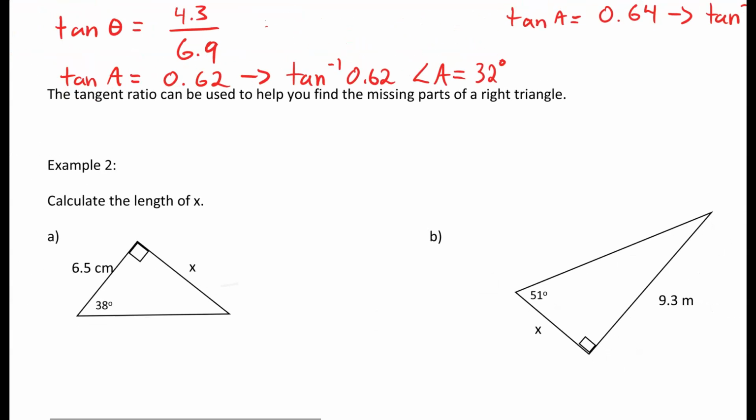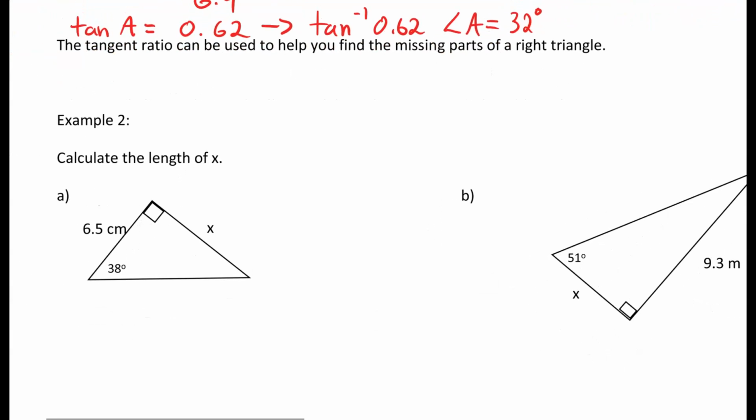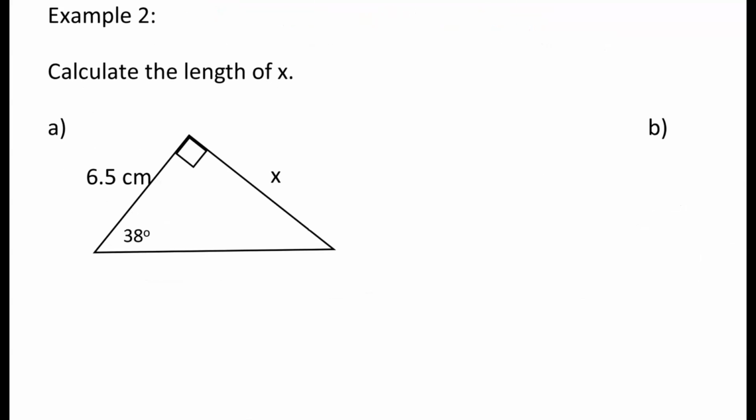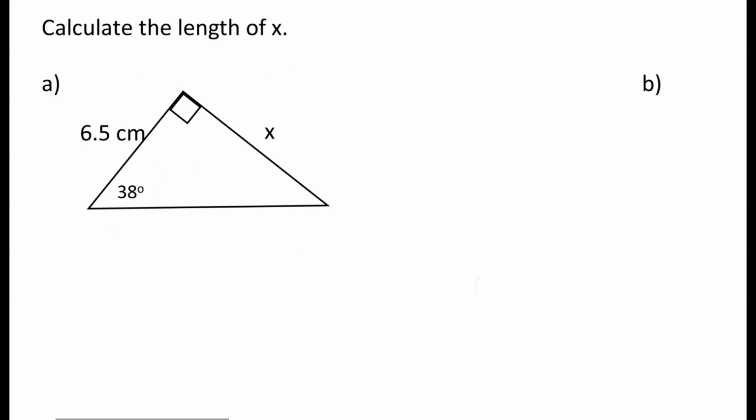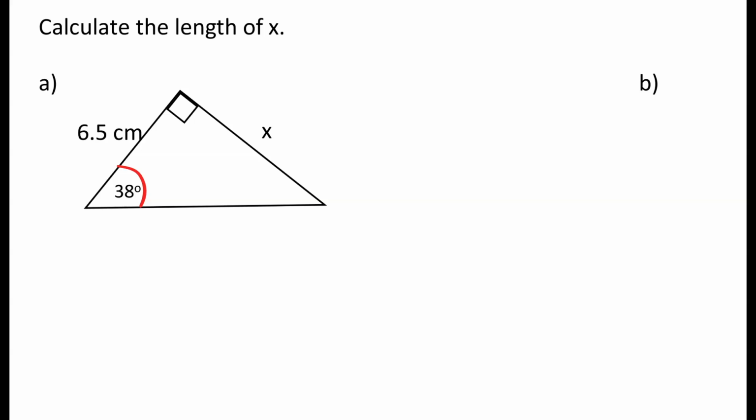Now we can look at this part here, and it mentions that the tangent ratio can be used to help you find the missing parts of a right triangle. So this time we're going to be finding the missing lengths on this right triangle. So we're given the angle that we need here. To calculate for x, we have our angle down here.